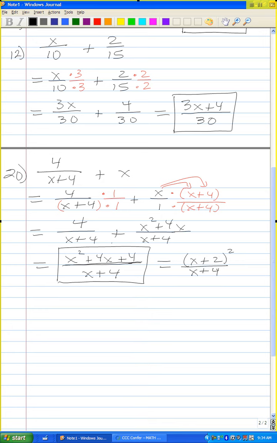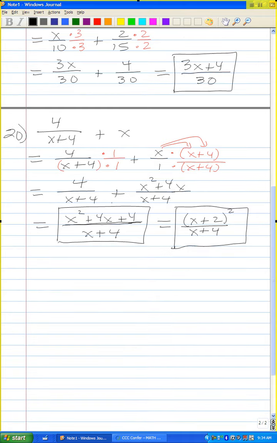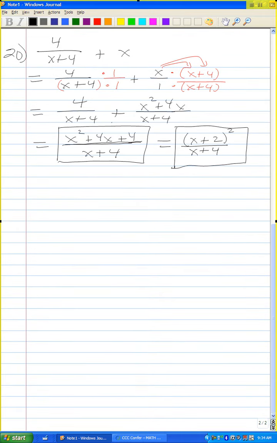And well, there's nothing in common between numerator and denominator. So you can write it either way, and both of them are 100% correct. It's best, of course, if you factor as much as possible, just to be sure that there's no factors in common between the numerator and denominator.